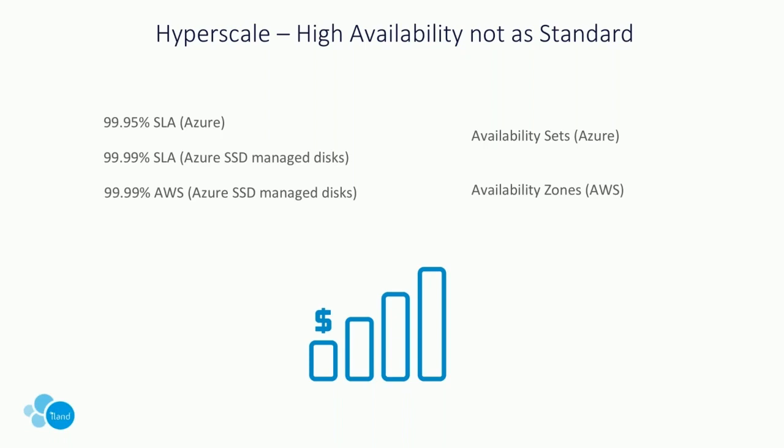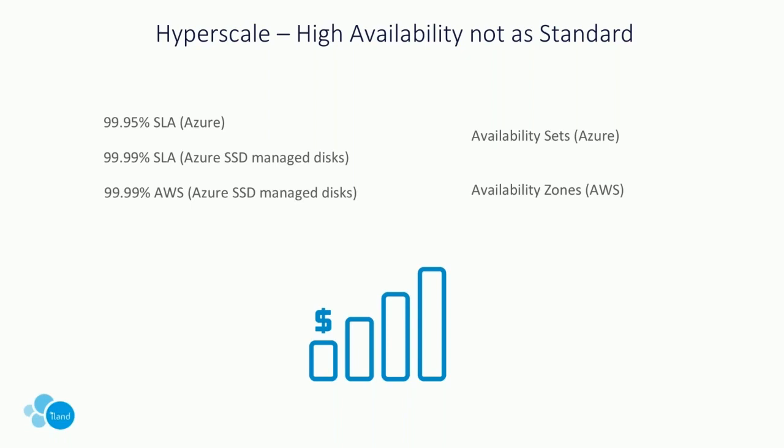So you can see that Azure as standard gives a 99.95% uptime SLA, while they actually provide a 99.99% uptime SLA if you were to go for their SSD managed disks. These are limited in some instances, so they're not able to work on every workload, and there are some size limitations to the SSD disks.